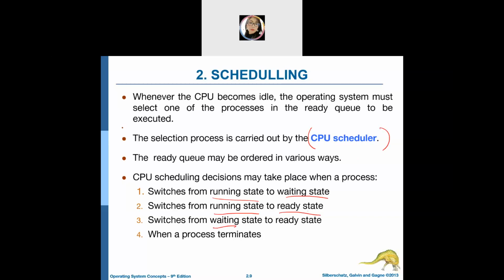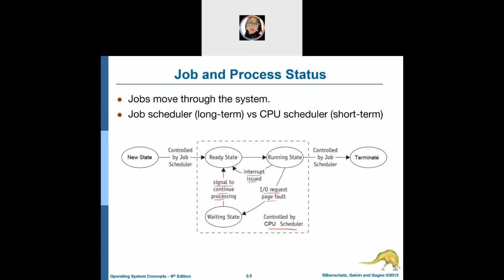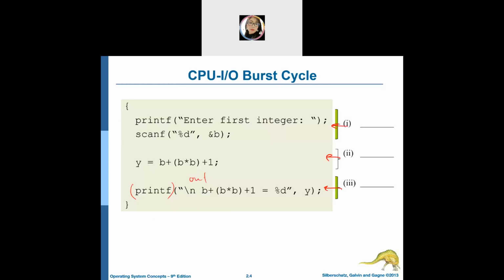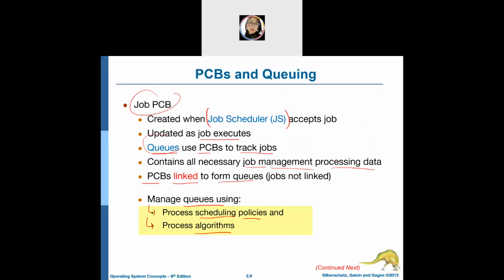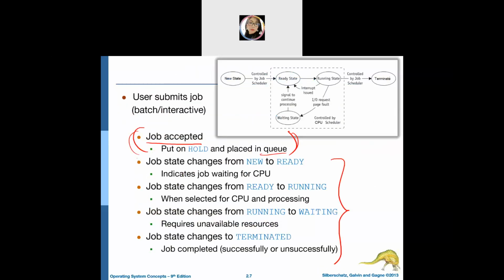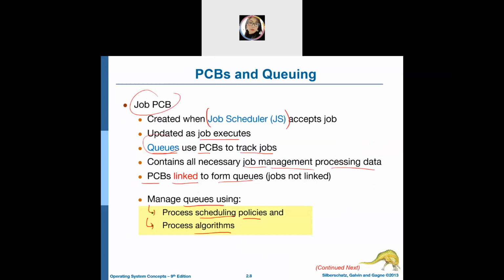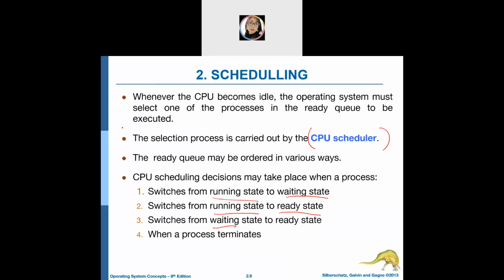These four things are handled by the CPU. This one is handled by your PCB and queuing. But for these four things, the job will be handled under scheduling, and who is handling it is the CPU scheduling.